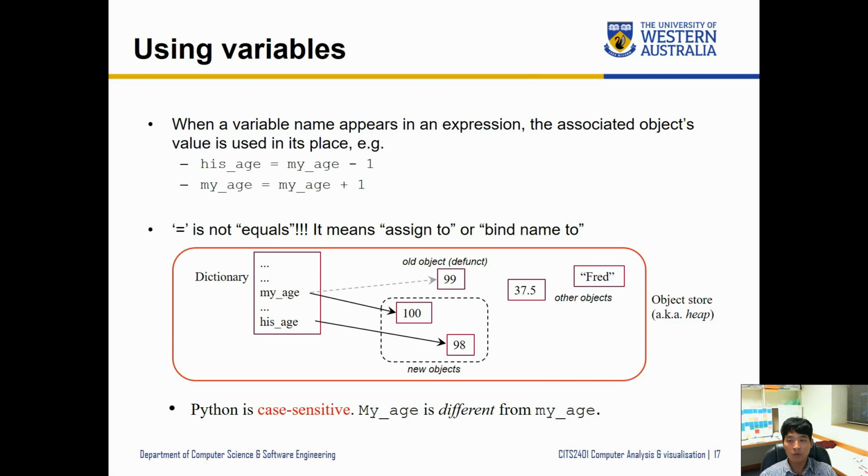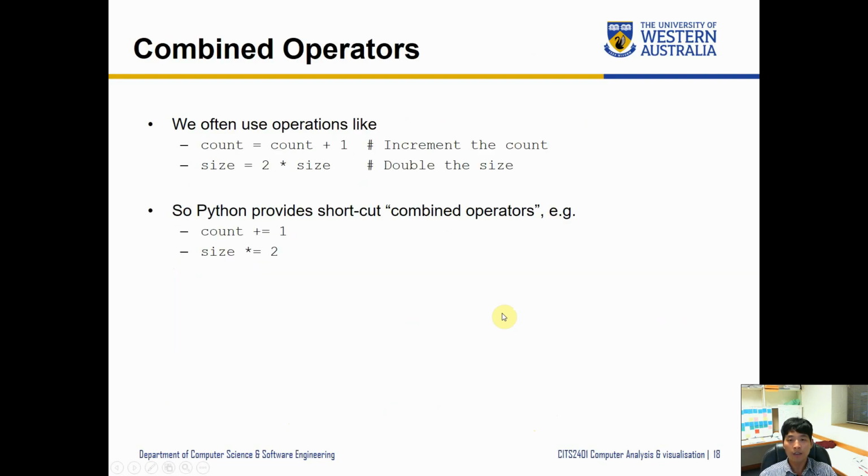Okay. One key note here is that Python is case sensitive, so if you give different cases to the names, it will not understand what you're trying to find. So my age here with a capital M is different to my age here with a small letter m.